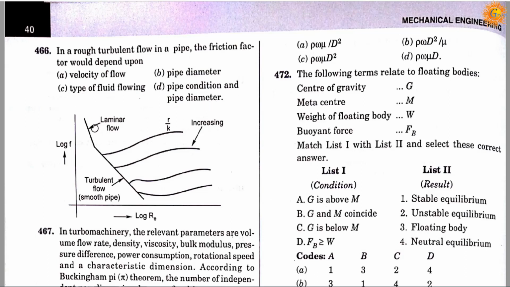You can look at the diagram between log f and log Re, with the laminar flow curve and turbulent flow as shown in the figure. So the correct answer is D, because in a rough turbulent flow in a pipe, the friction factor depends upon pipe condition and pipe diameter.